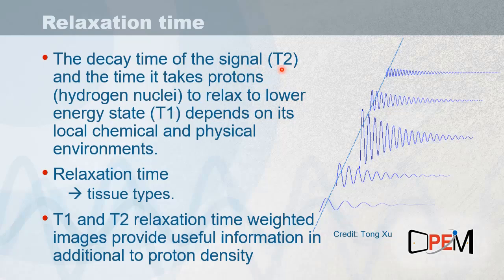This T1 and T2 depend on the local chemical and physical environment of the proton. So that makes them sensitive to the tissue type. So we can use the T1 and T2 relaxation times to help us identify different tissues in addition to the proton density.